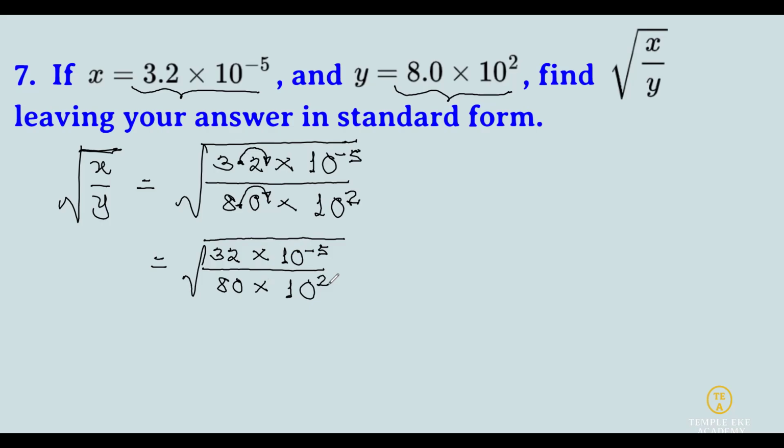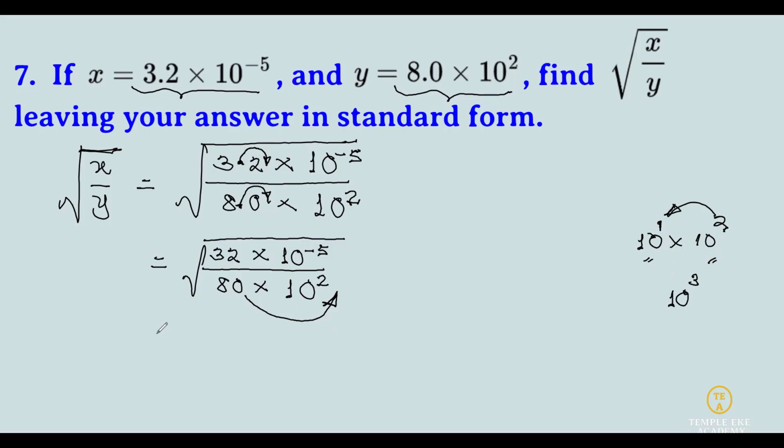Now, we can already divide at this point, but take a moment to allow the 10 in 80 to multiply 10 to the power 2 here. So you have 10 multiplying 10 to the power 2, a transfer of the 0. This is 10 to the power 1. And of course, the law of indices says we must add the powers here. So we have 10 to the power 1 plus 2, and that gives us 3.